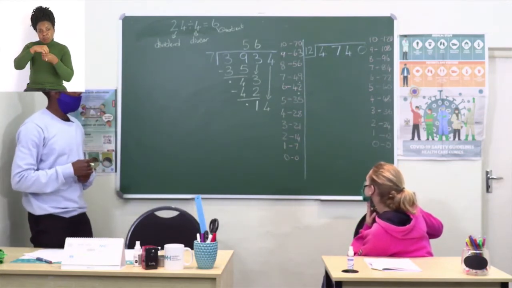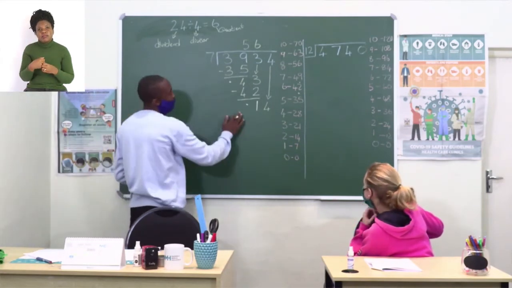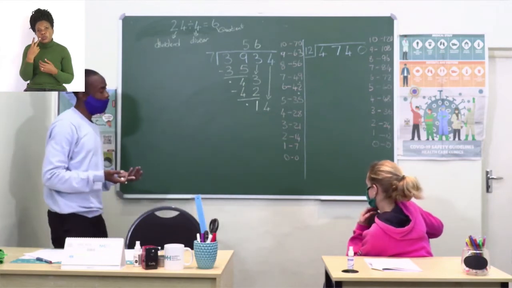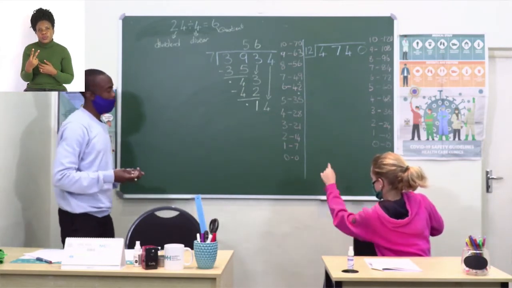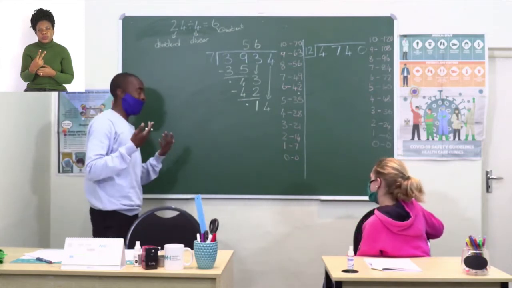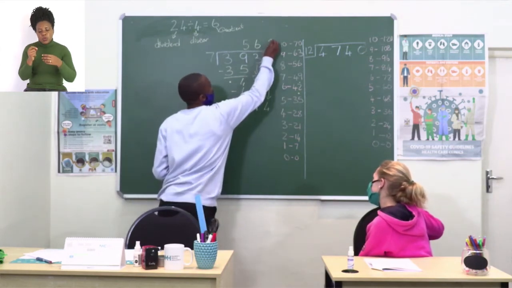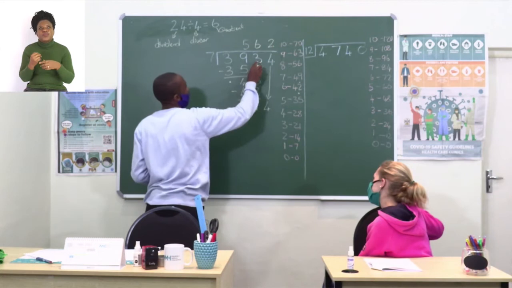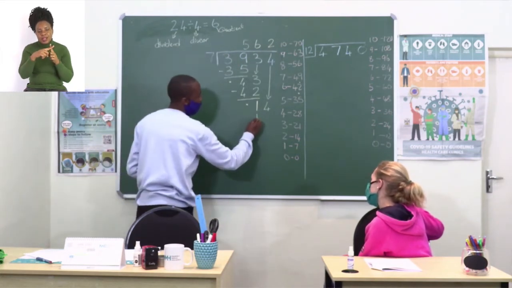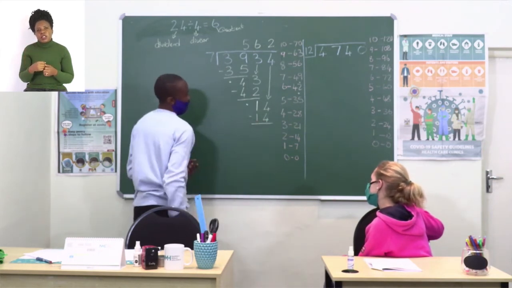The next step, I will then say, okay, how many times does 7 go into 14? Where's 14? Clarice? It's exactly here, right? In other words, it's exactly 2. So it will go in 2 times. So then I will say 2 times 7 will give me 14.